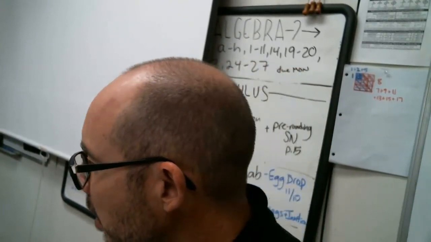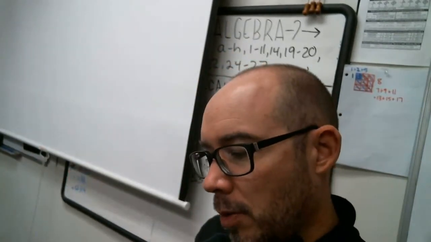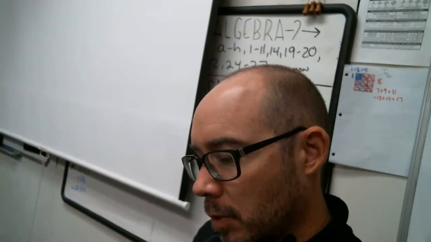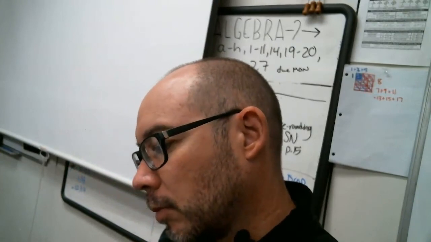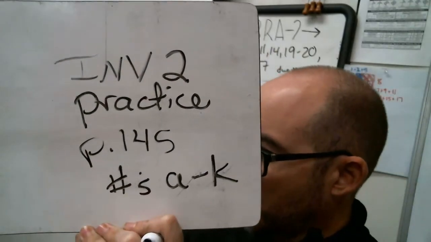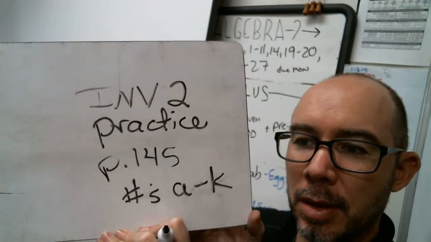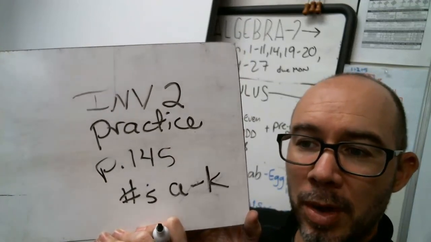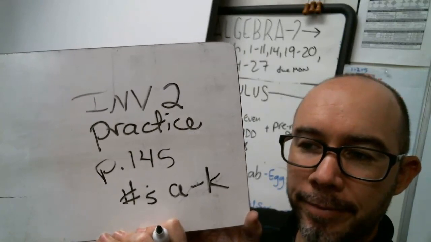And page 145, numbers A through K. And that's it. Investigation 2, solving parametric equations. Practice problems on 145, numbers A through K.